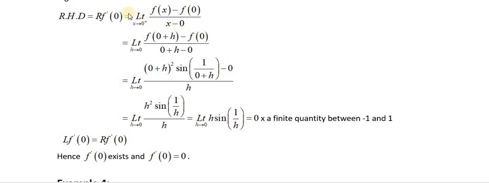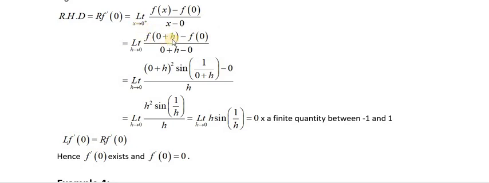Now I am changing this limit x tends to 0 plus into limit h tends to 0 by replacing x by 0 plus h in both numerator and denominator. After replacing x by 0 plus h, we get this expression.